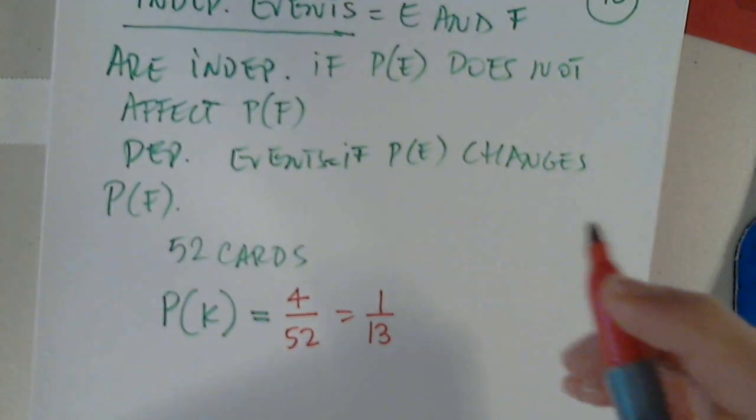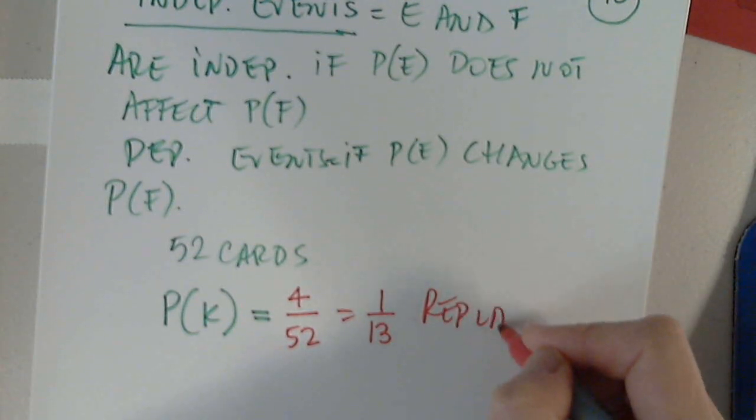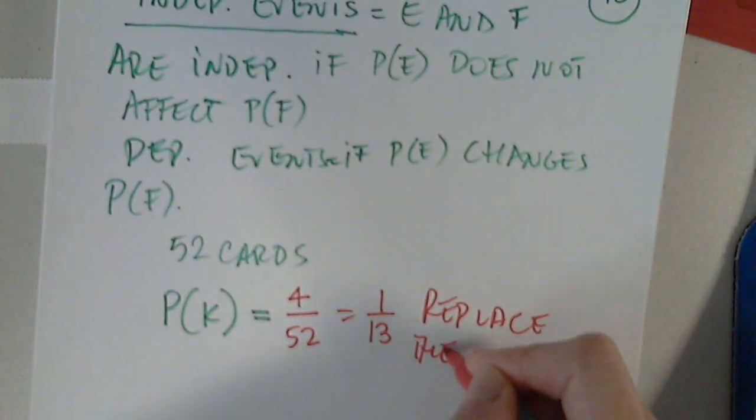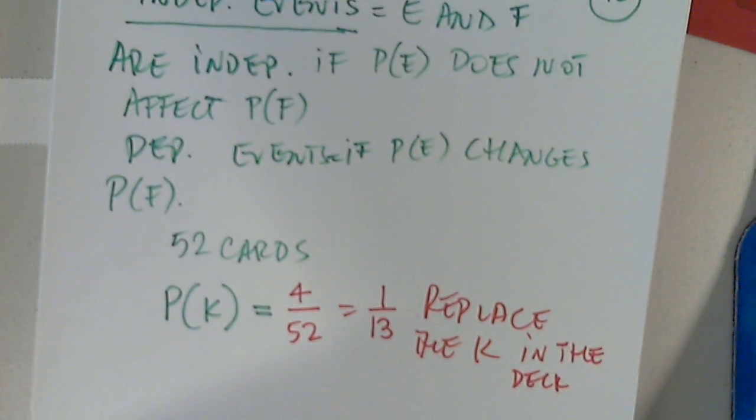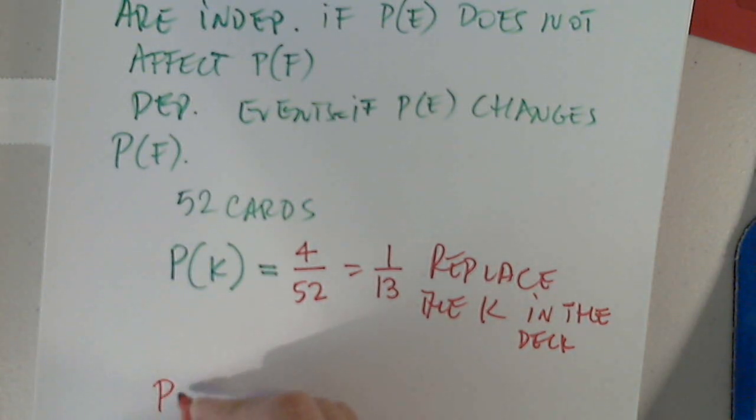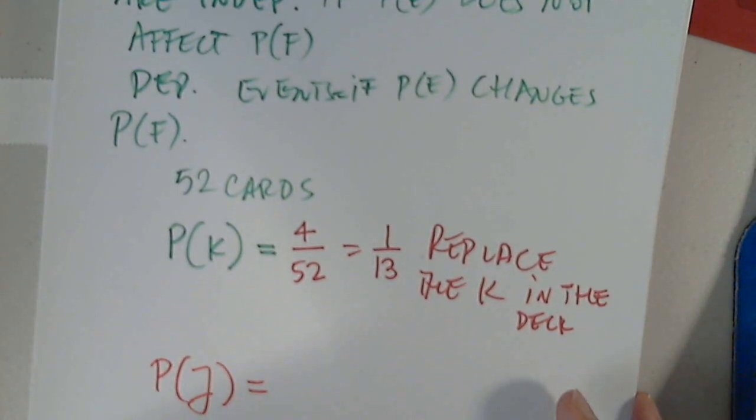Now I replace the king back in the deck of cards. And I'm asking you, what is the probability of selecting a jack? Now, still 4 over 52. I still have 52 cards.